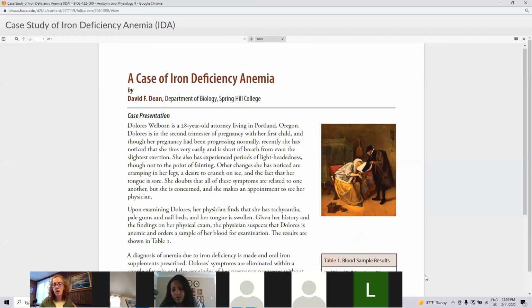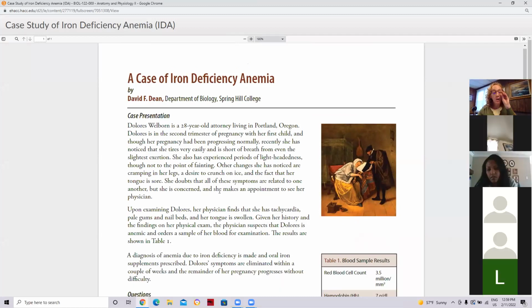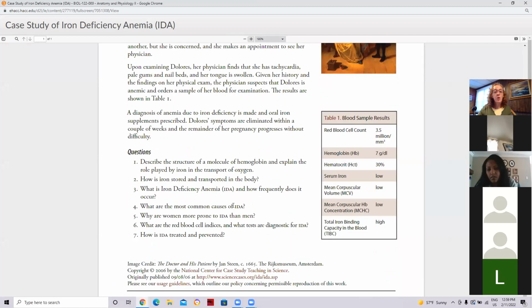Now, what are the most common causes of it? What do you think? Vegetarian, pregnancy, menstruation. So most of it is diet, right?